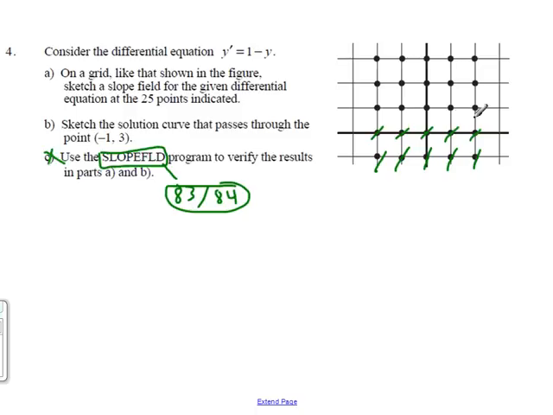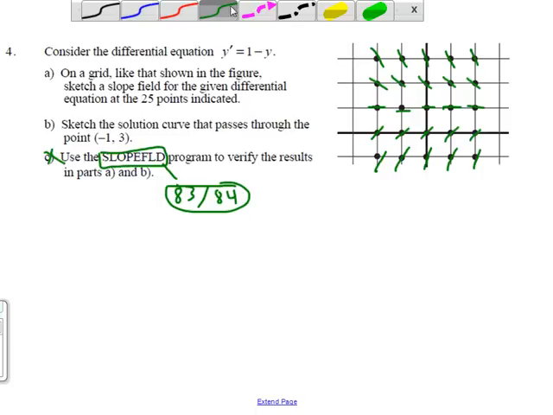And when y equals 1, 1 minus 1, we get a slope of 0. And when y equals 2, we'd have a slope of -1. And when y equals 3, we'd have a slope of negative 2. So this is my slope field.